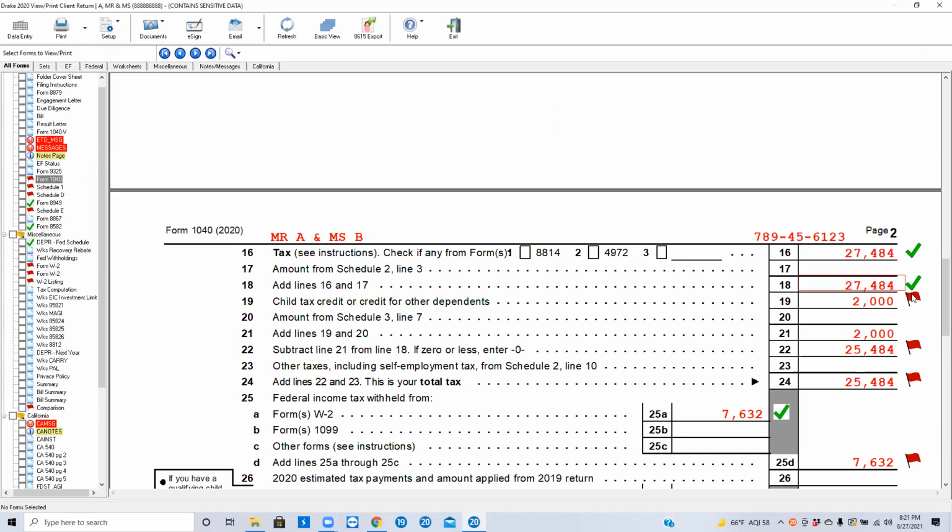Line 19 is something good for this family. Can you see line 18 minus line 19 equals line 22? So they're supposed to owe 27,000, but right now it goes to 25,000. This is a straight minus from the tax, and that's called the child tax credit.